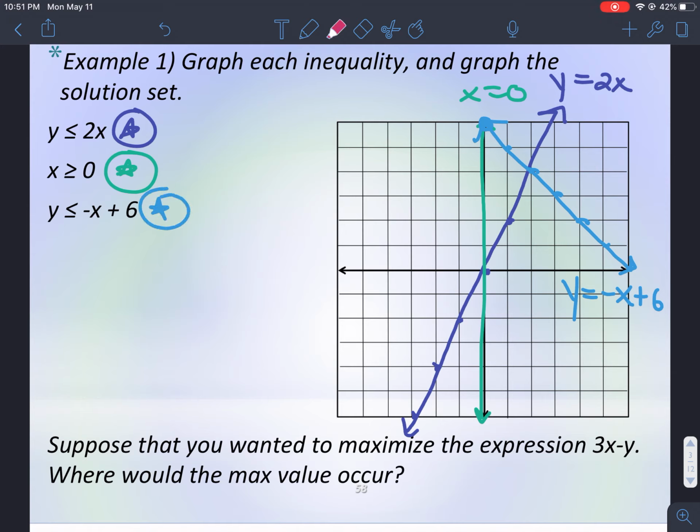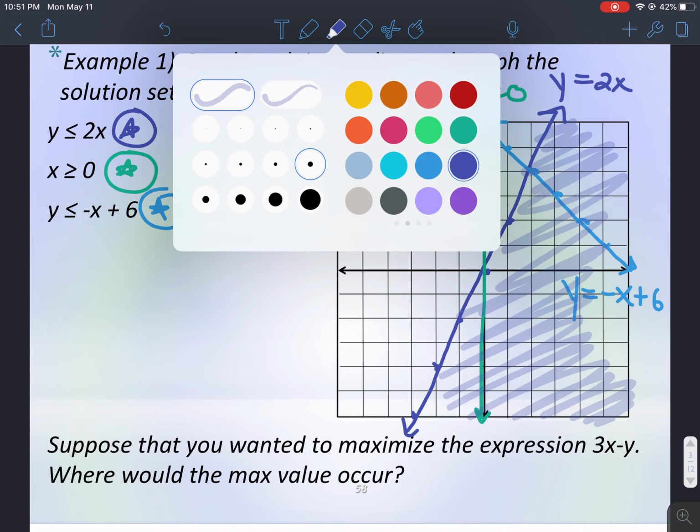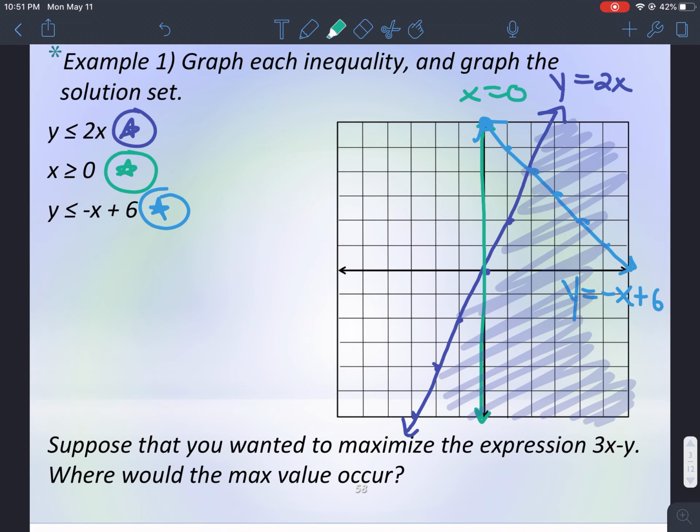Graph the solution set. Okay, so the first one is less than or equal to 2x, which means we're going to be below the blue line. And then the next one, x is greater than or equal to 0, so we have to be to the right of the green line.